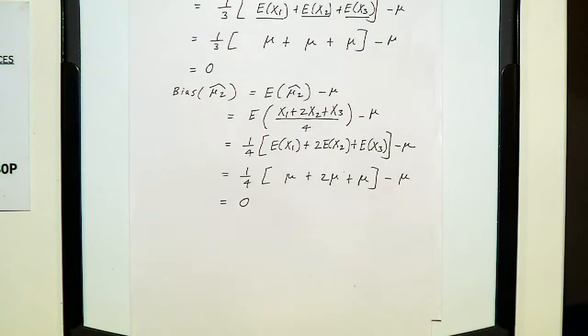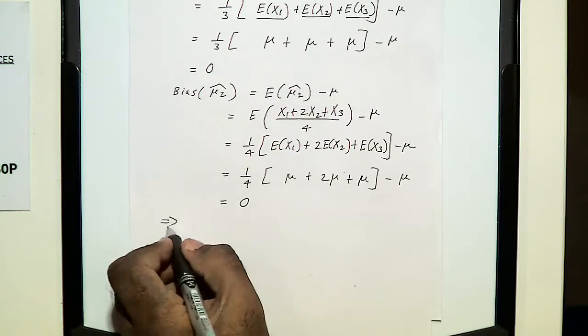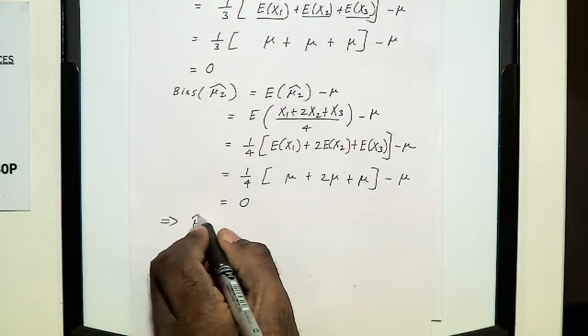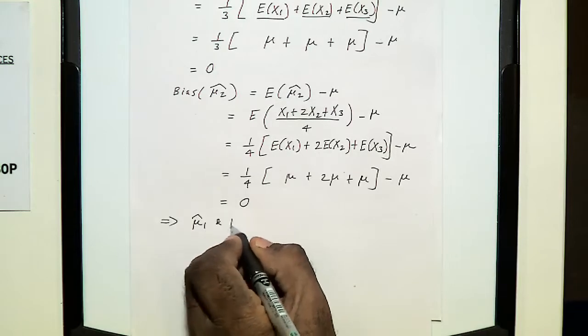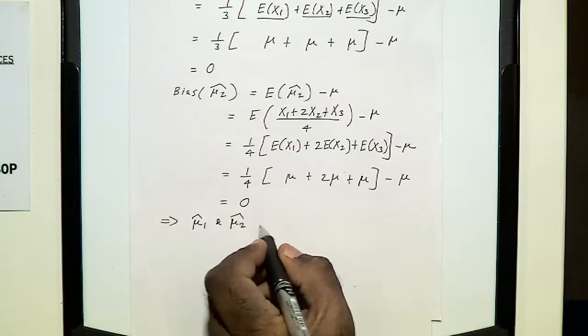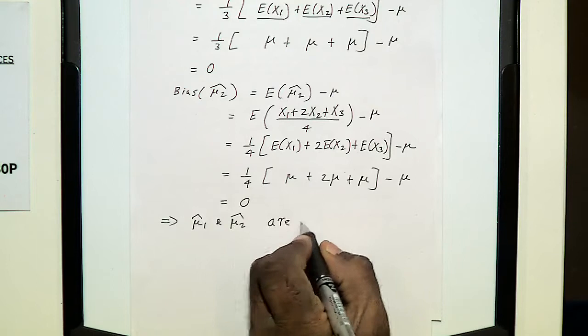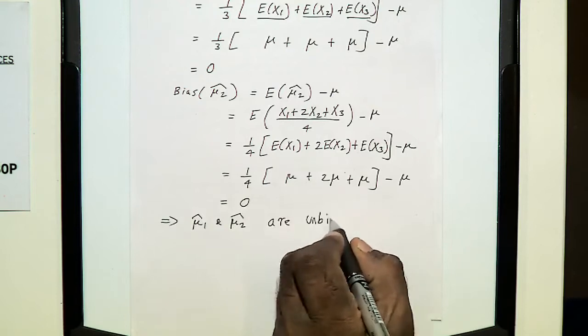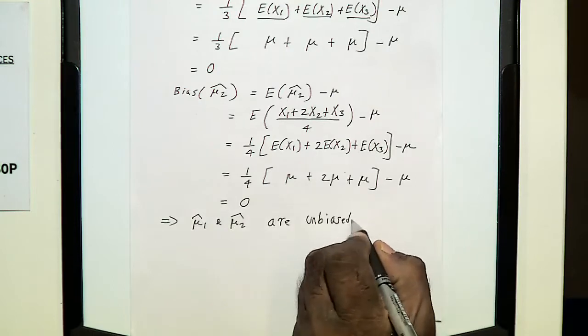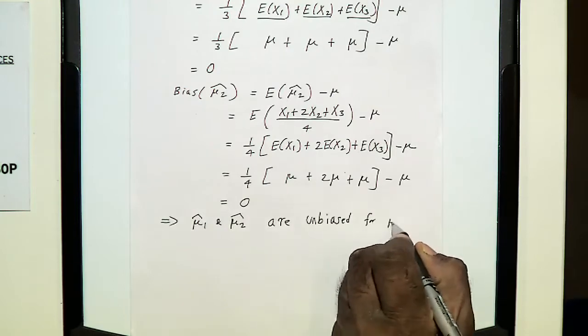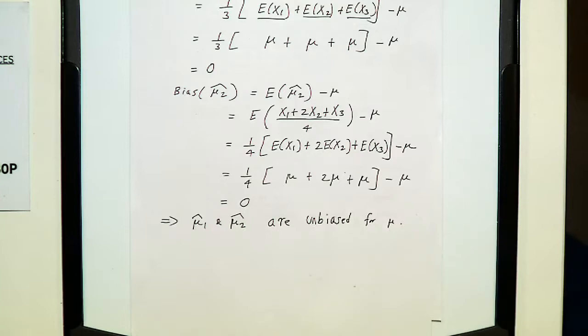So the conclusion is that both estimators are unbiased estimators for mu. I'm sure all of you did this right, yeah?